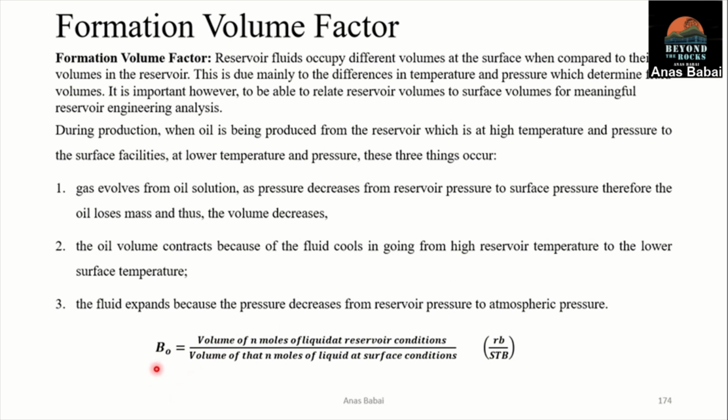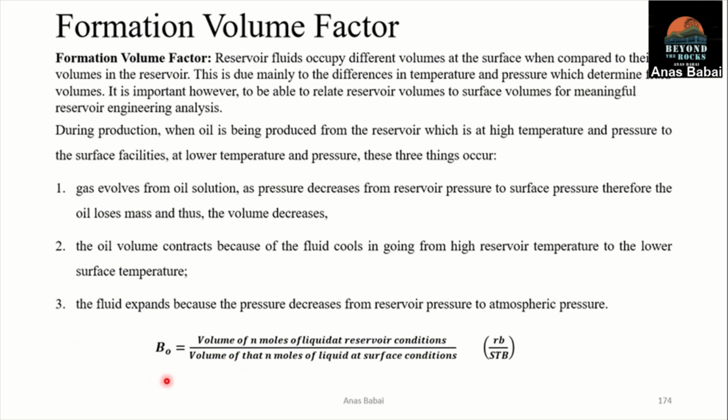Now the formation volume factor, we said that it's the one which controls, or shifts, our equation from being in initial condition to the calculation at any other pressure or temperature or any other condition other than the initial condition.